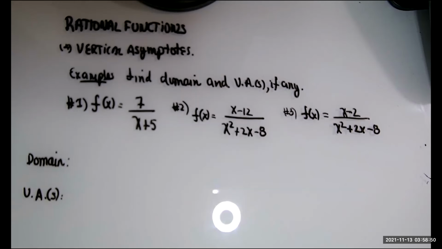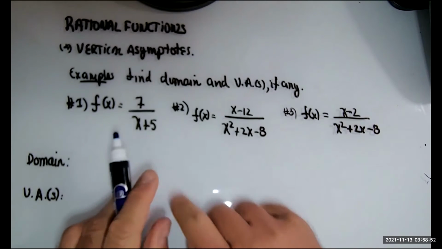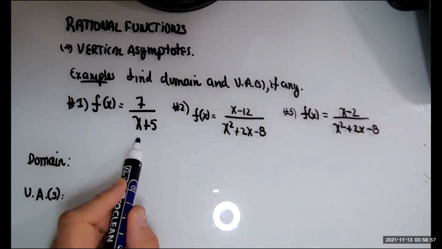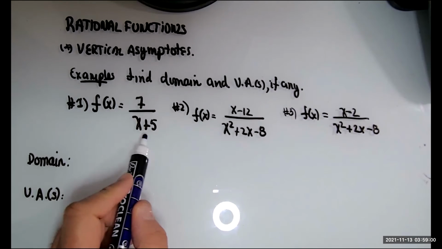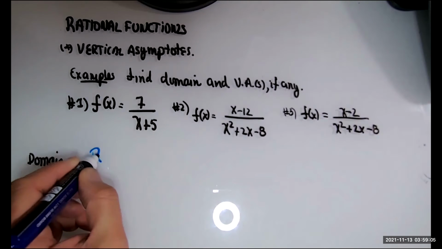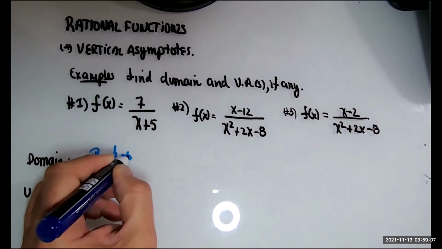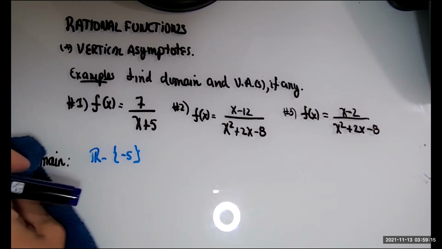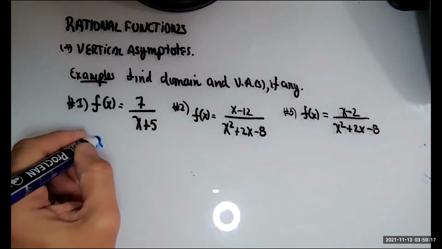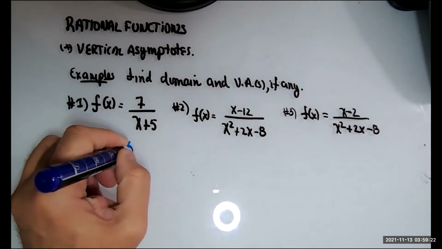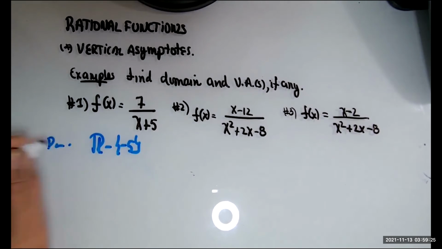Once again, the domain of the rational function is all real numbers except the numbers that make the denominator 0. In this case, of course, when x equals -5, it will be 7 over 0, so that's undefined. So my domain will be all real numbers except -5. And this one will exhibit one VA. That's the domain.